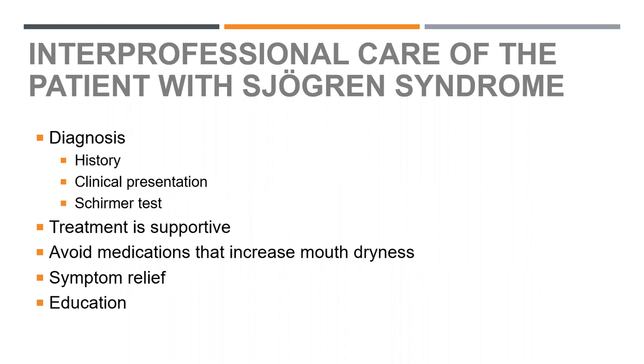How do we manage Sjogren syndrome? Often we use NSAIDs and hydroxychloroquine to control symptoms. We may be using steroids to decrease the inflammation and cause immunosuppression.